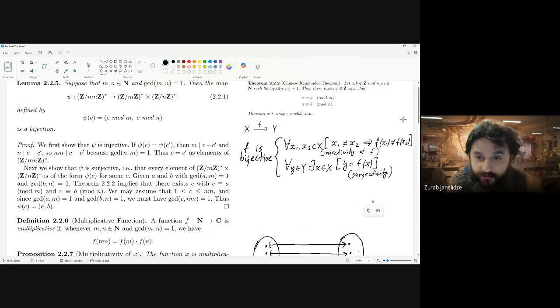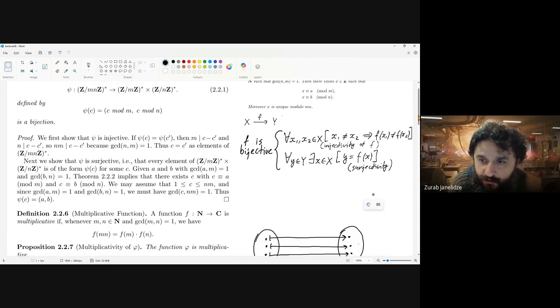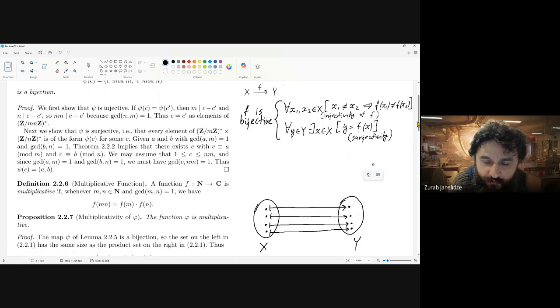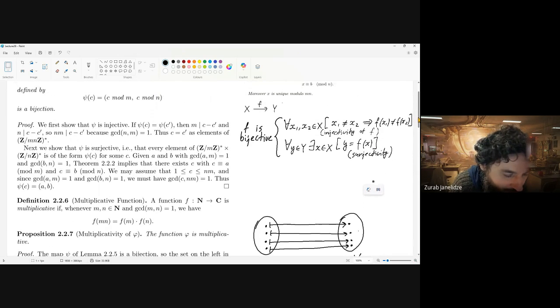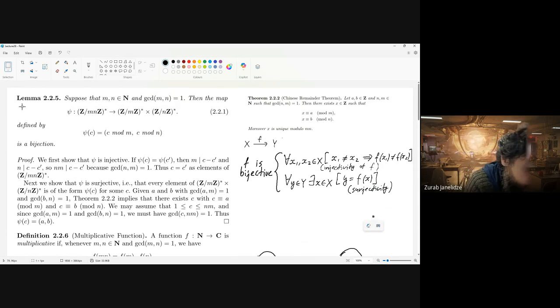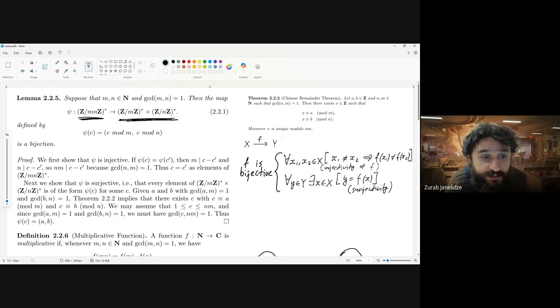In light of the remark that I made about the number of elements in X and Y when we have a bijection between them, basically what this lemma is telling us is that these two sets are of the same size. In our case, both of them are finite sets indeed, and so the existence of a bijection between them ensures that these finite sets have the same number of elements.